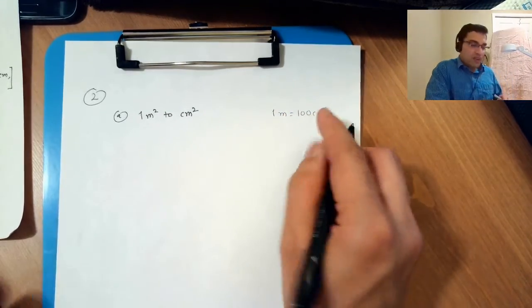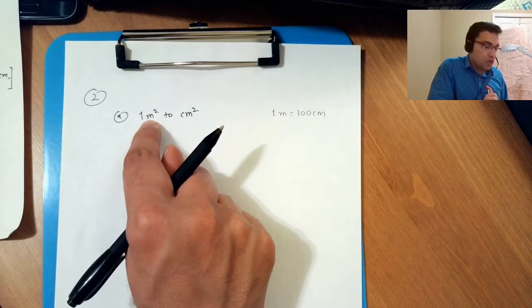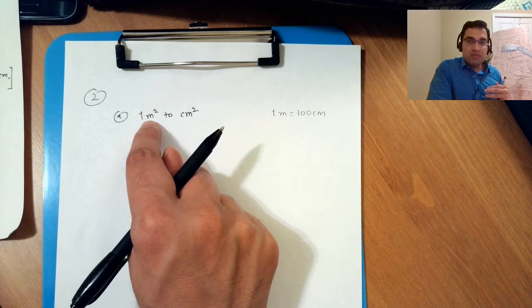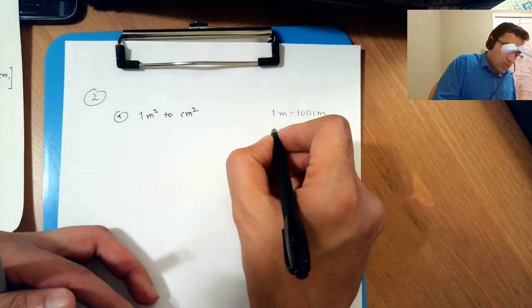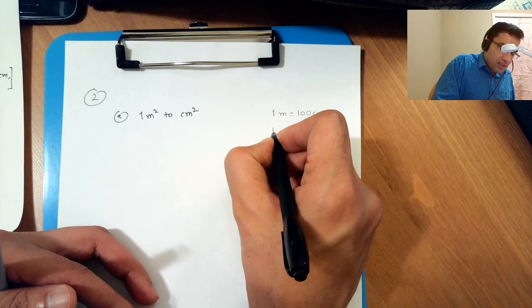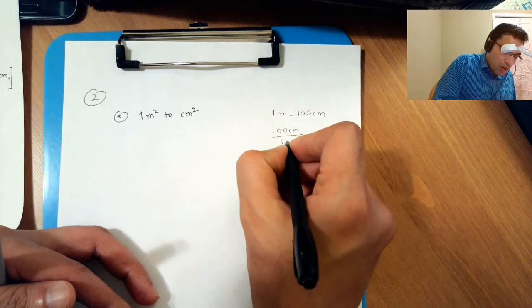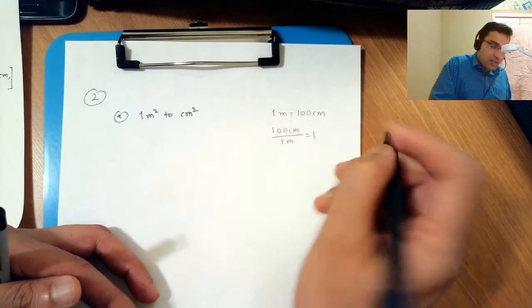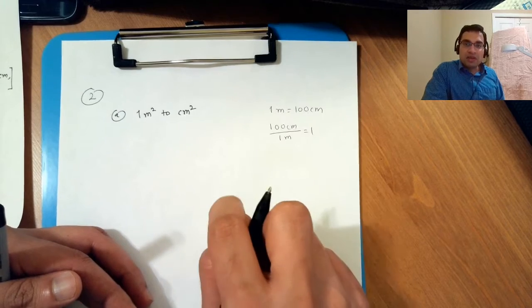This is the conversion factor. I have meter square here, so I want to get rid of meter and bring in centimeter. So probably the right factor then is 100 centimeter divided by 1 meter equals 1. That factor should be able to get rid of meter and bring in centimeter.